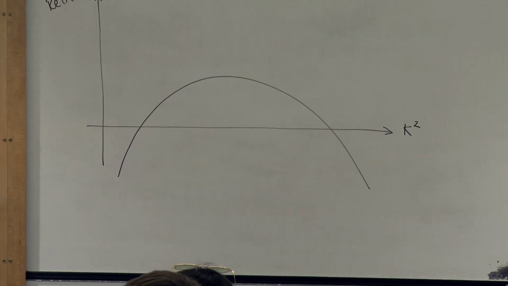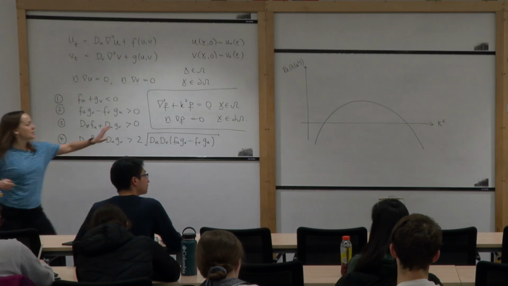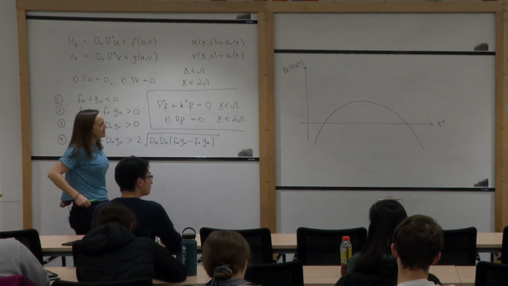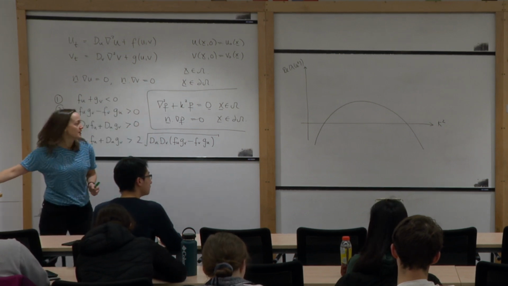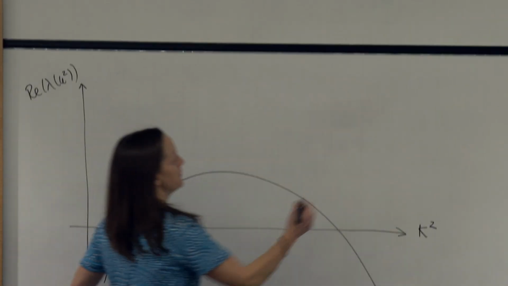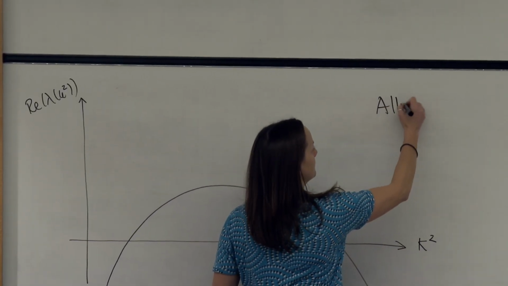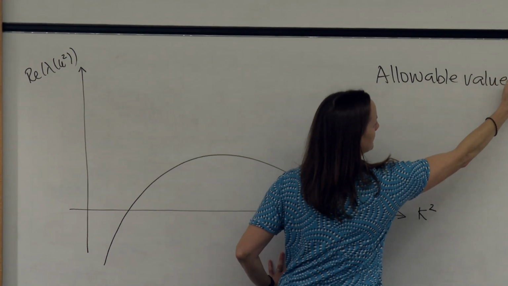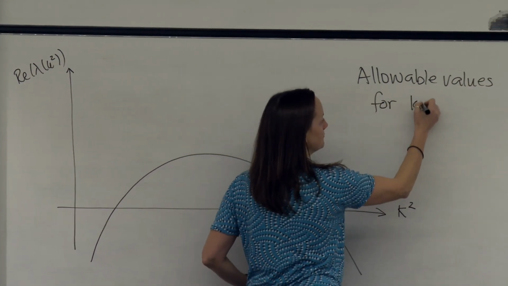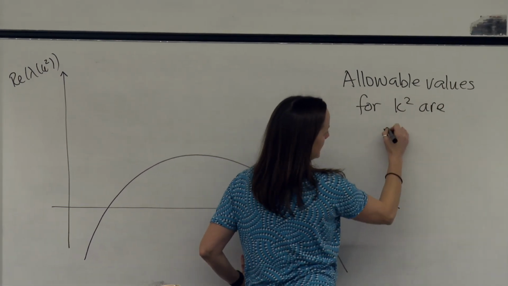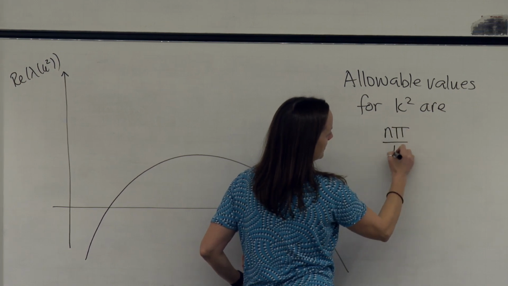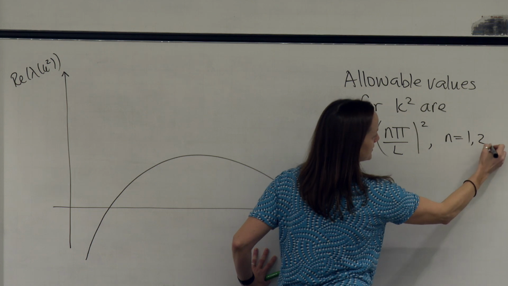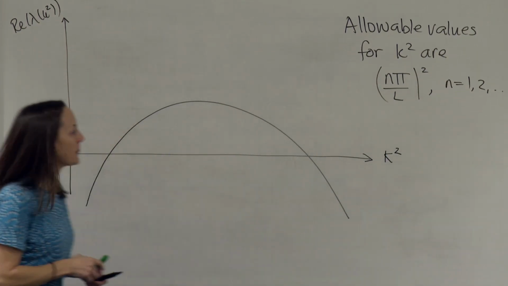Then what I know is that to have solutions to this problem, I can only have the values of k squared, right? So the allowable values for k squared are (n pi on L) all squared for n equals 1, 2, and so on.